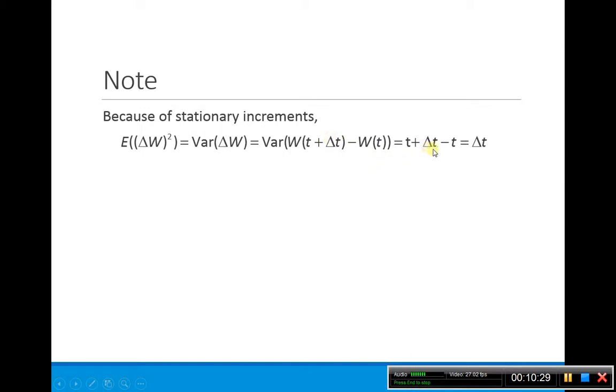Remember, that is just t plus delta t because it's normally distributed with variance whatever's inside here. And W of t has variance of t. So the variance of delta W, or expected value of delta W squared, is just delta t. So we normally think about the change in W, or dW, as approximately the square root of dt.